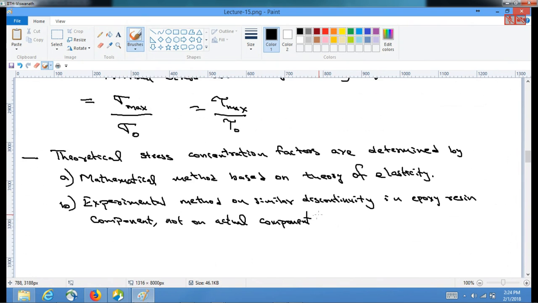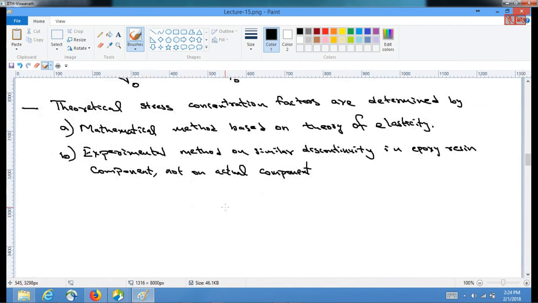This will only give the geometrical form. If you do it on the actual material, you can also get the material variation, but that would be too much. Variations are involved by both the things. That's the reason generally they are done on an epoxy resin with the similar discontinuities.